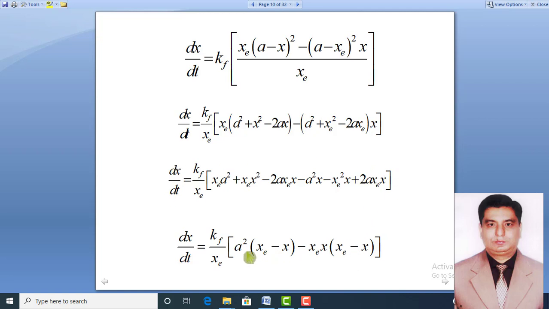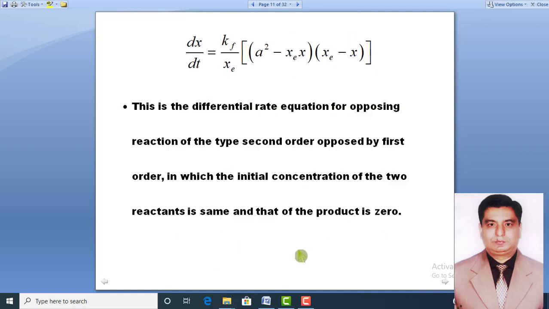Mathematically, we can write this as dx over dt equal to Kf over Xe into (A² minus XeX) into (Xe minus X). This is the differential rate equation.